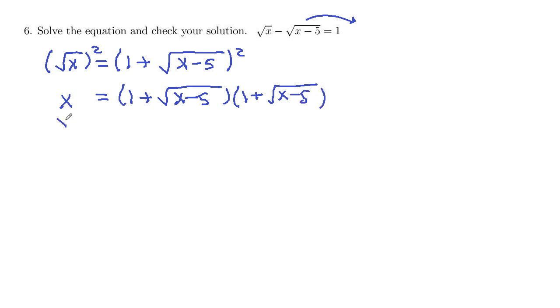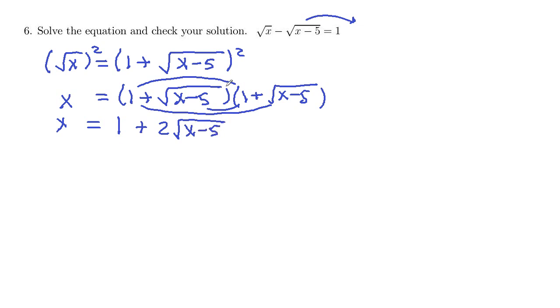So on that left-hand side, we got the x. On the right-hand side, first terms here, 1 times 1 is 1. Outer terms, 1 times root x minus 5 is root x minus 5. Same thing for the inner terms. So we'll have two terms that are root x minus 5.